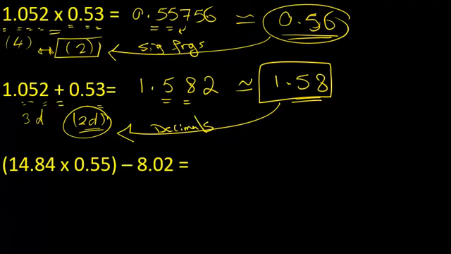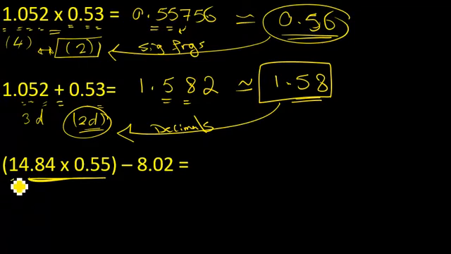What about if we have a question that has both multiplication or division and addition or subtraction? So in this example, I need to multiply these two first, and then subtract these numbers from the 8.02, and I'll follow the same technique. So multiplication, we will do what? We will follow the least number of significant figures. So let's count the significant figures.